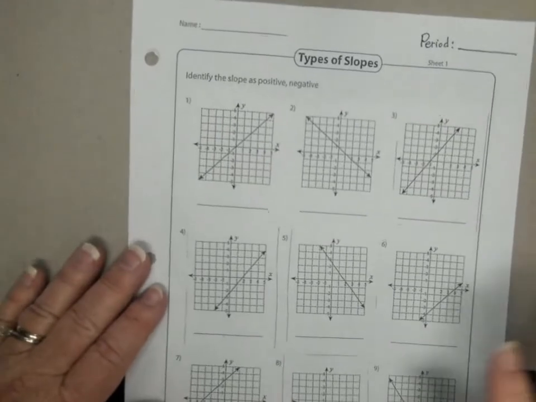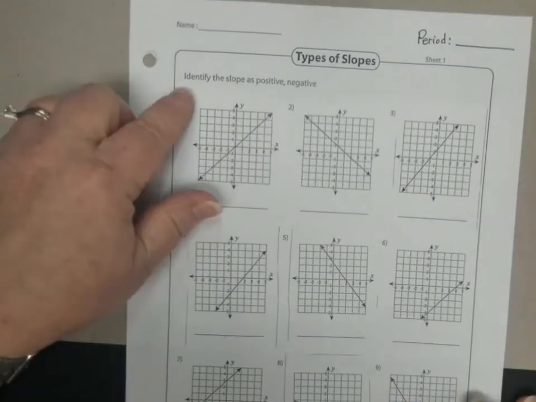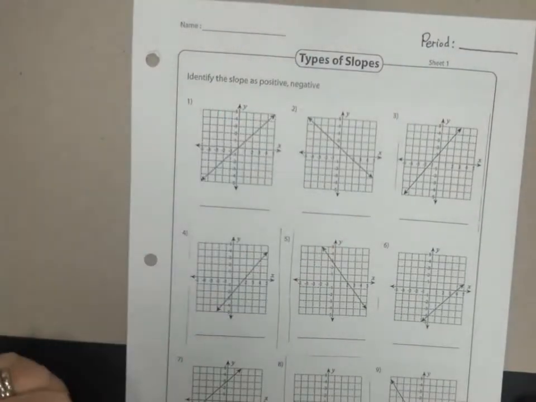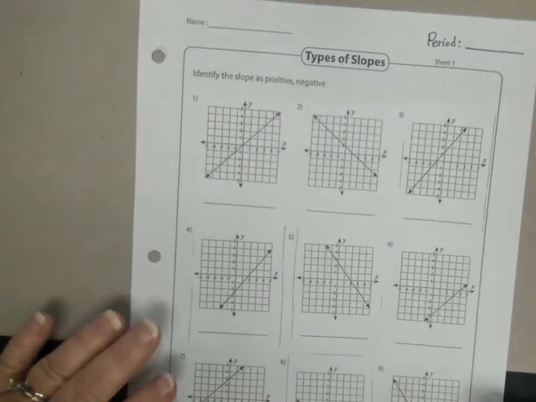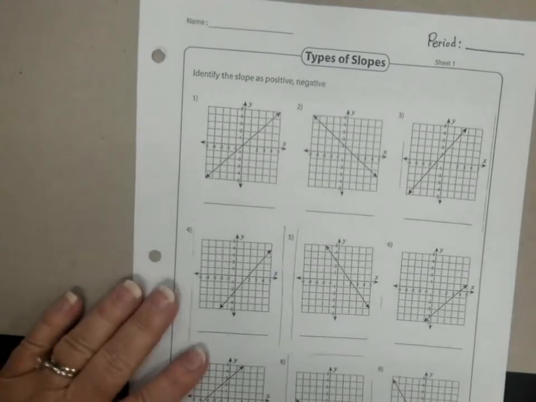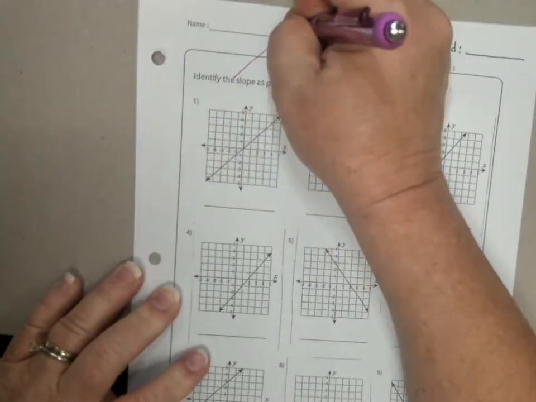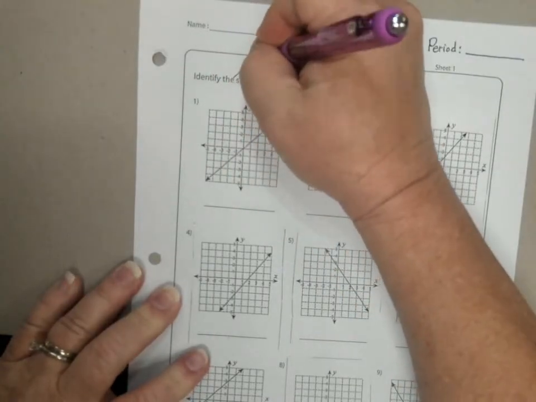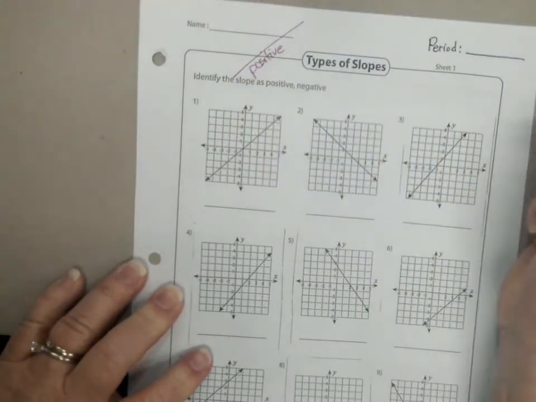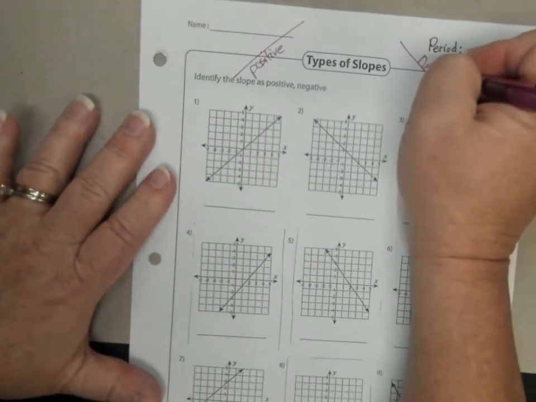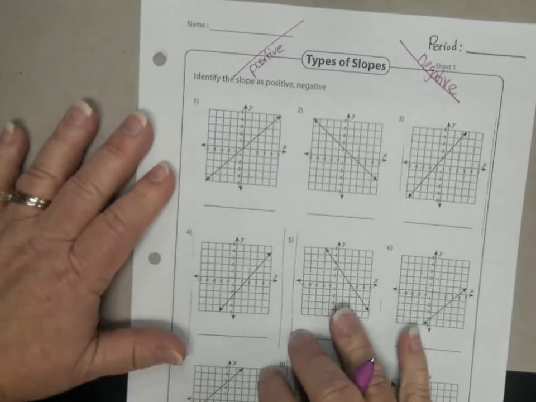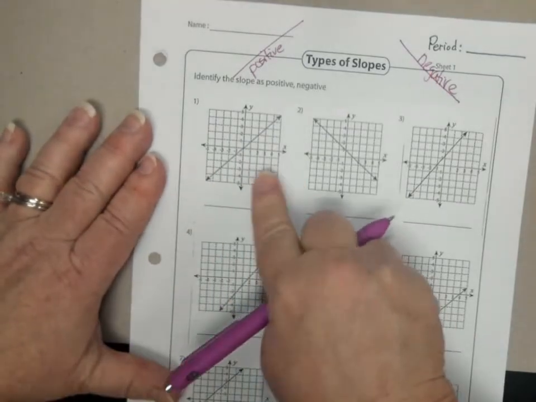The first side of it says types of slope. All you are going to do is identify these lines as positive or negative. So remember, I might write myself a little reminder. Up like this is positive, and down like this is negative. Okay? And if you look at them and go left to right, is it going up?